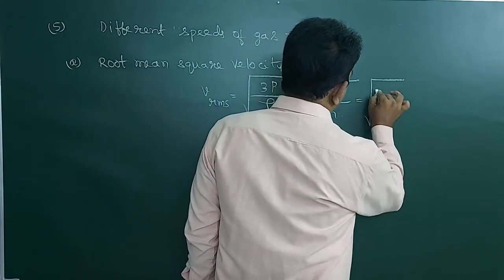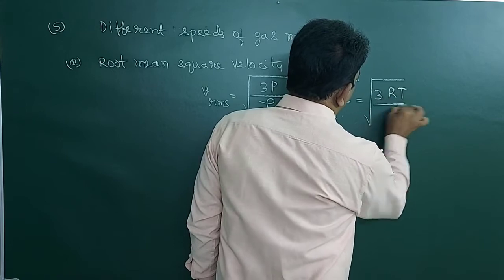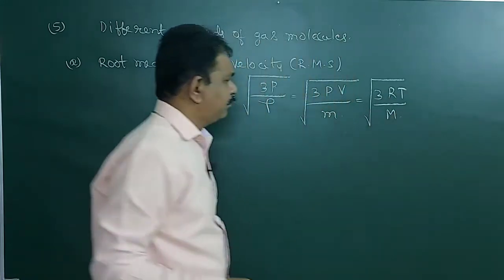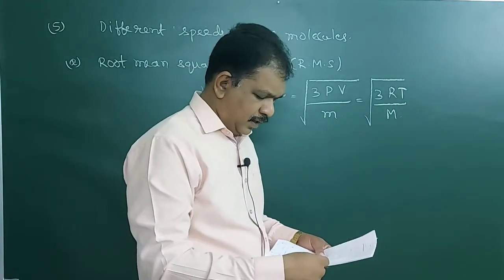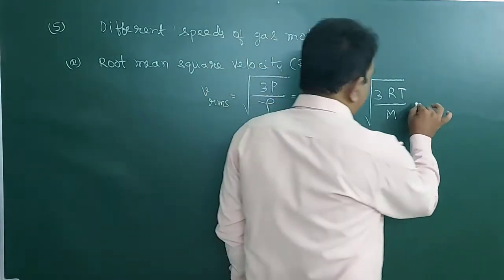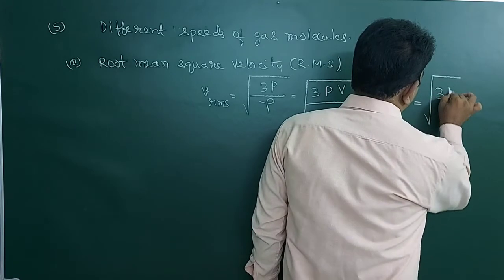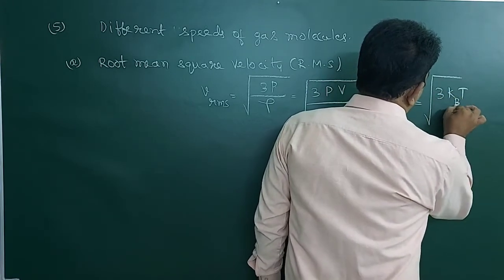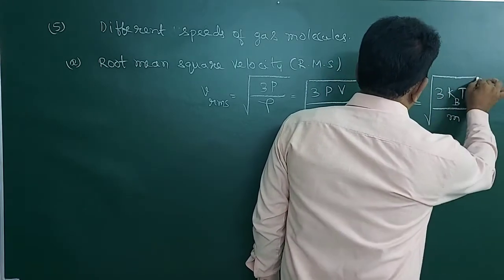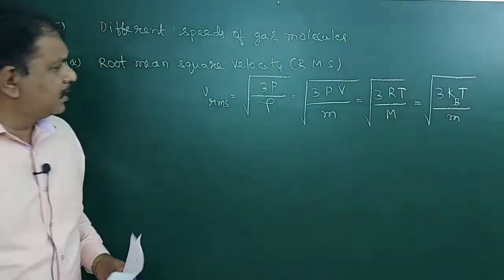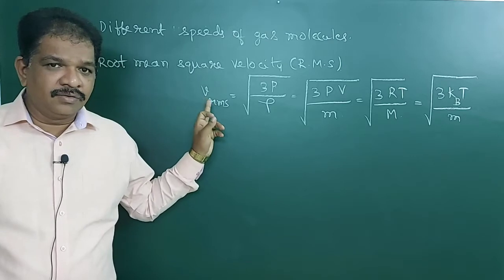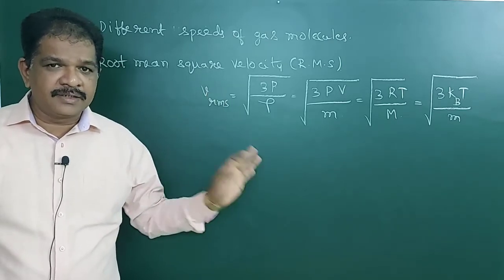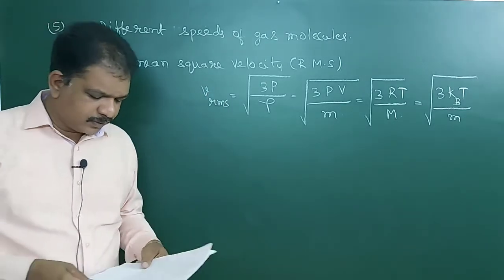So from that, 3 RT by capital M. And this value again is 3 kT by small m. So these are the different formulae for finding the root mean square velocity of the gas molecules.